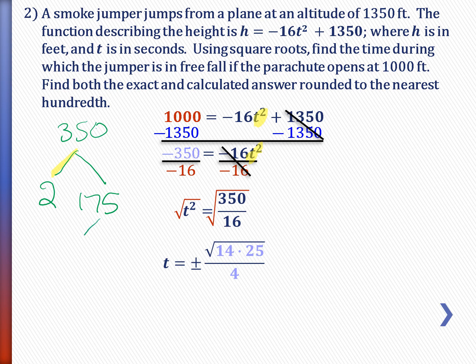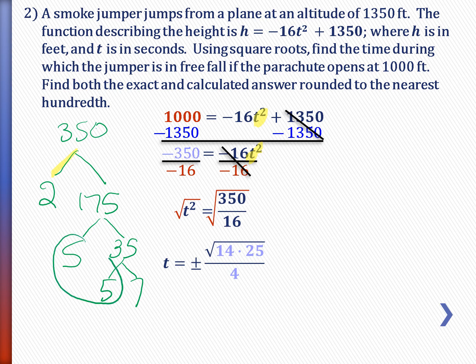No, but I do know that 5 does. 175 divided by 5 is 35, and then 35 is 5 times 7.